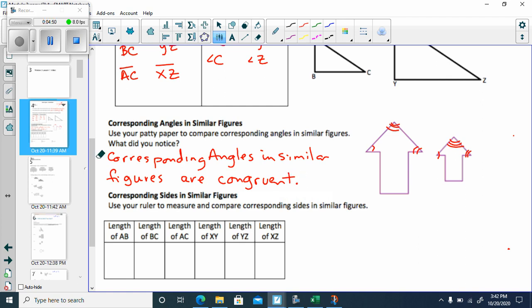Corresponding angles in similar figures are congruent. Now let's see what happens with corresponding sides in similar figures.